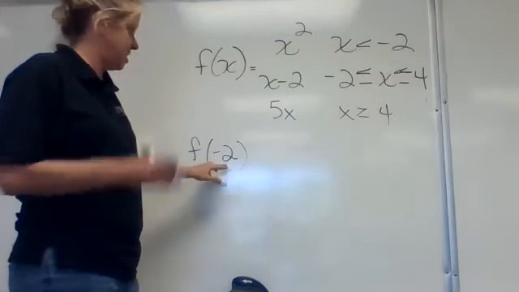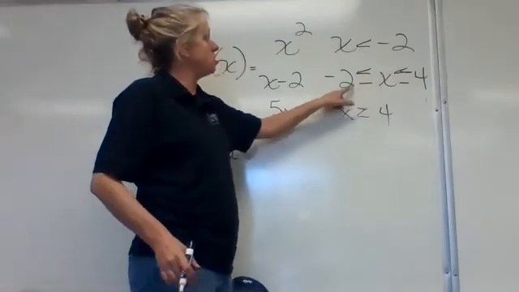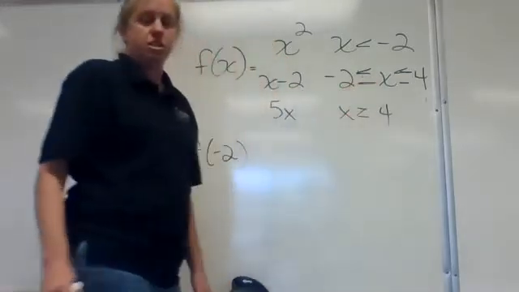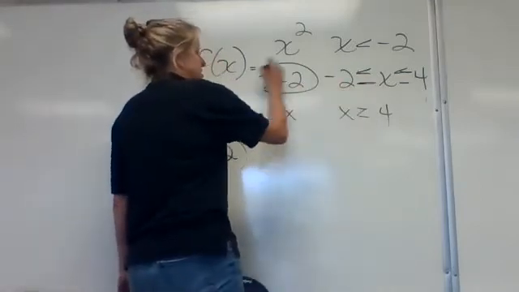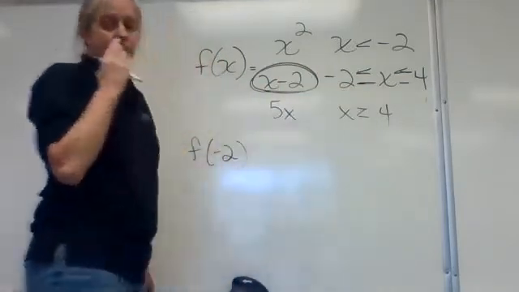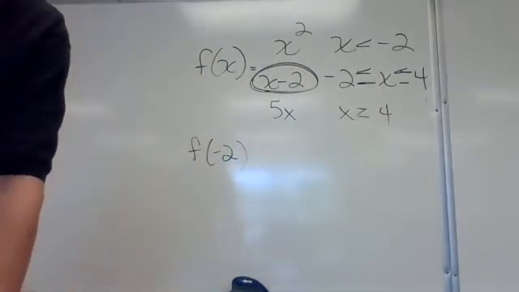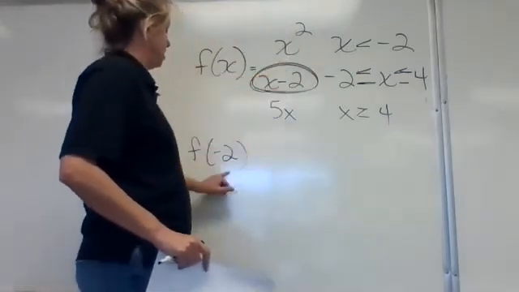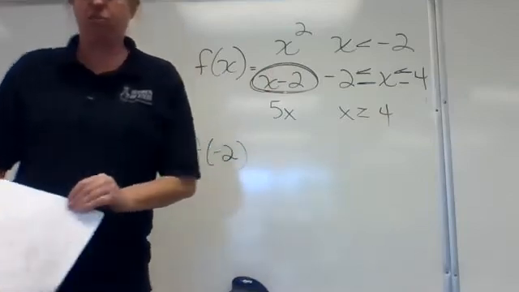X is not less than -2, x is -2, which is why we want to use this one, because it has the equal to bar to show me x equals -2, which means this is the part where I would plug into. This one's just a multiple choice question asking you which piece would I plug this -2 into. I would plug it into that x minus 2.